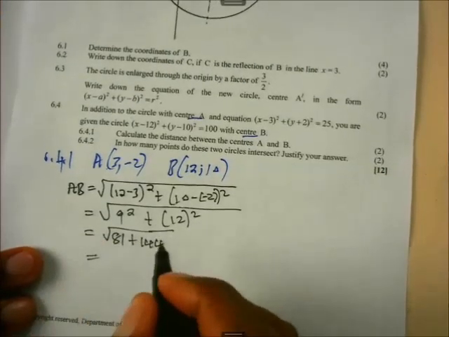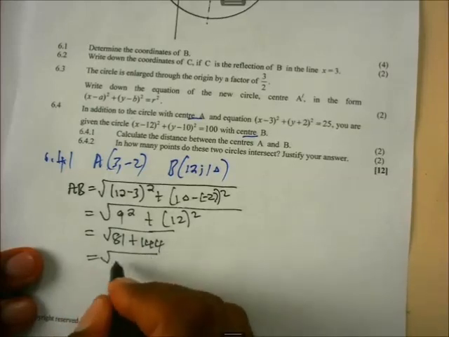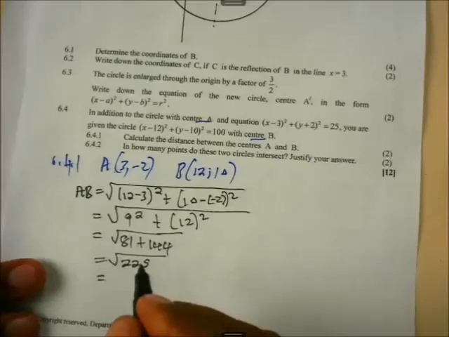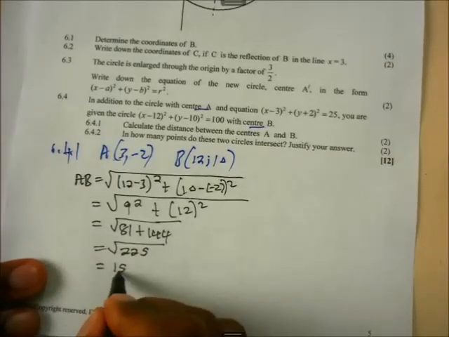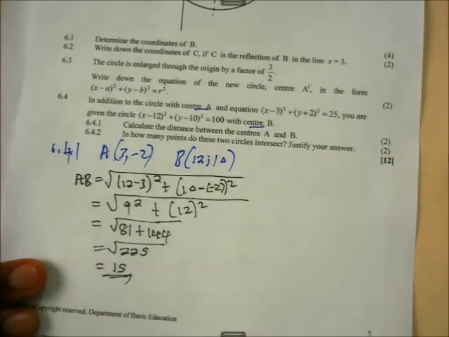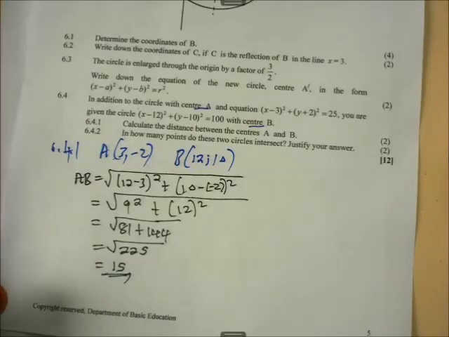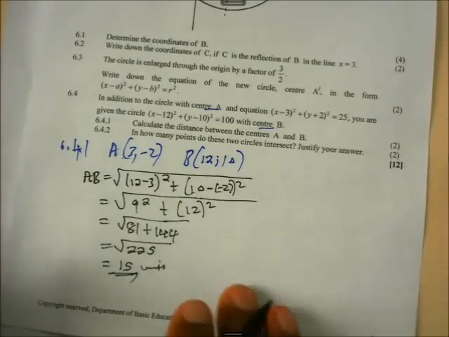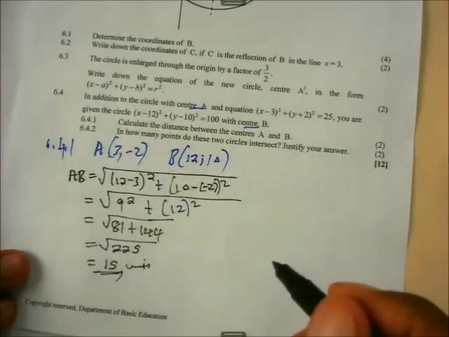When you add the two, we get 225. And what is the square root of 225? The square root of 225 is 15. Now it means the distance between the two centers A and B is 15 units. Good. That is question 6.4.1.